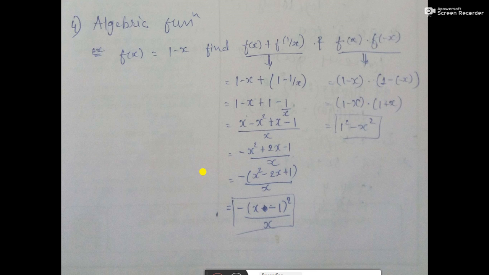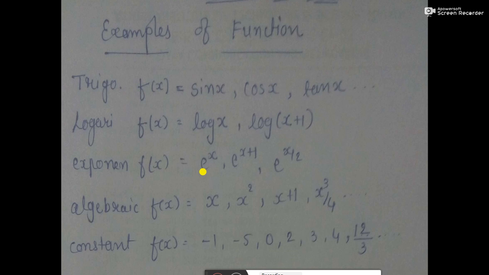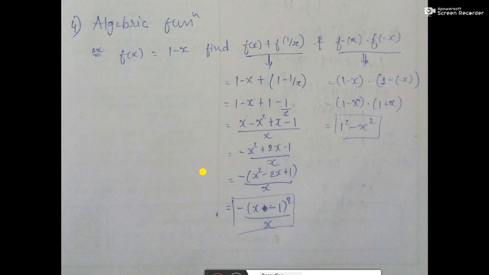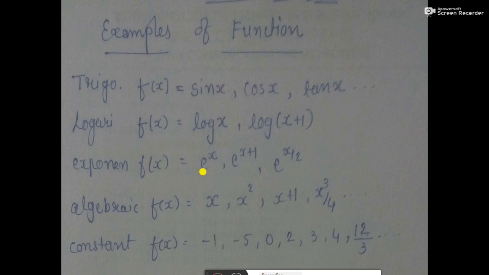First is f of x plus f of 1 by x, where f of x will remain the same, 1 minus x, whereas f of 1 by x will be 1 minus 1 by x. The answer will be minus x minus 1 to the power 2 by x, whereas the multiplication answer will be 1 minus x square.